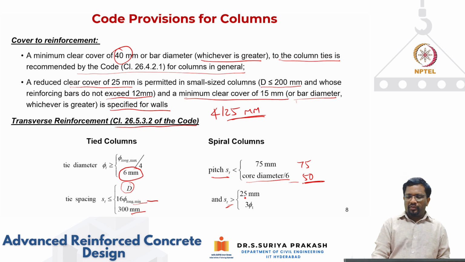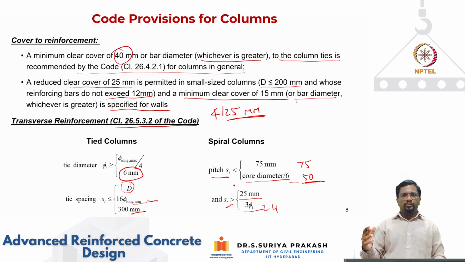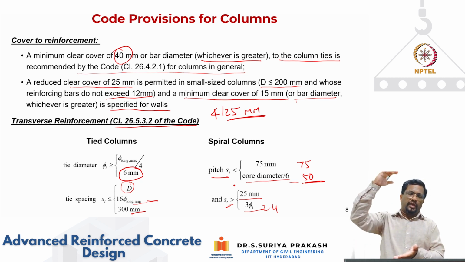That is the reason the code says the spacing should also be greater than 25 mm or 3 times the diameter of the spiral or transverse reinforcement that I'm using, which, if it is 8 mm, will become 24. So you should not put the spacing too close, and it should also not be too high.